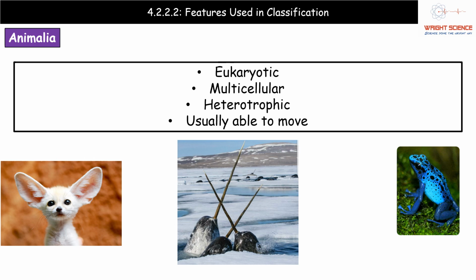Their nutrition is heterotrophic, so they're going to be eating another organism in order to provide them with that energy requirement they've got, and they're usually able to move. But this is a diverse kingdom, as you can see from the lovely little pictures I've given you at the bottom: our little fennec fox there with its huge ears, our narwhals, because who doesn't want a giant horn on your head, and of course, the tiny blue poison frog. Who doesn't love them?